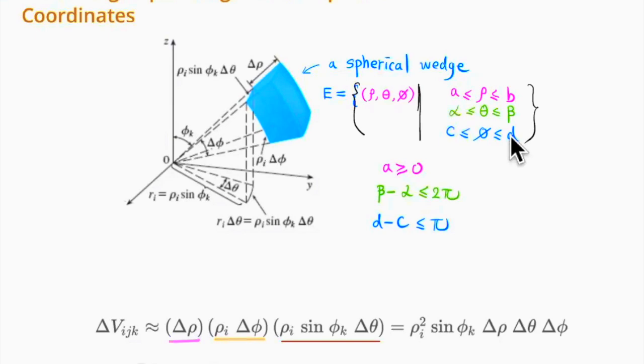The difference D minus C is less than or equal to pi. So they're not more than pi apart, and here they're not more than 2 pi apart.